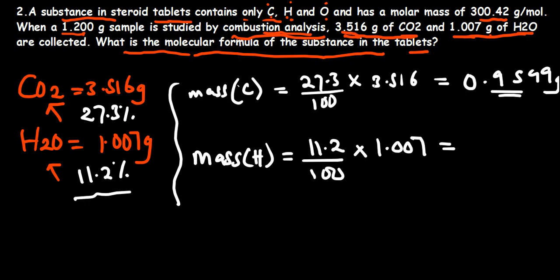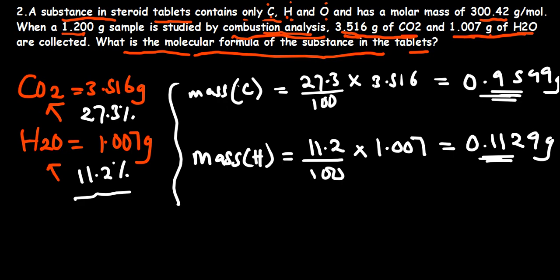According to my calculator, I'm getting 0.1129 grams. So this is the mass of hydrogen in water, and this is the mass of carbon in carbon dioxide.